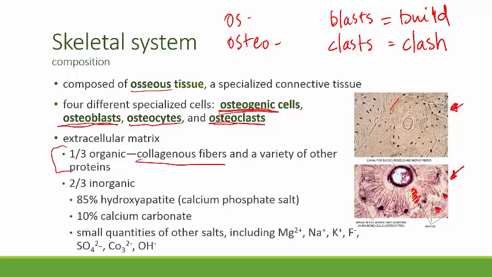And all these little lines that you see, those are tiny little channels through the bony matrix that allow the cells that are sitting here, kind of trapped in the bony matrix, to communicate back to the blood vessels that are found in this central hollow cavity in the bone.